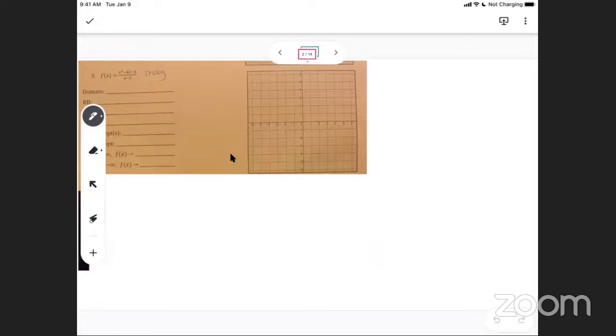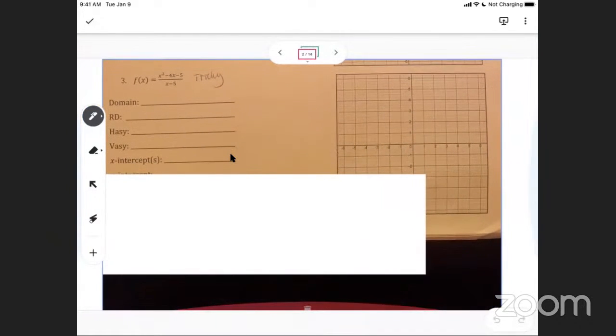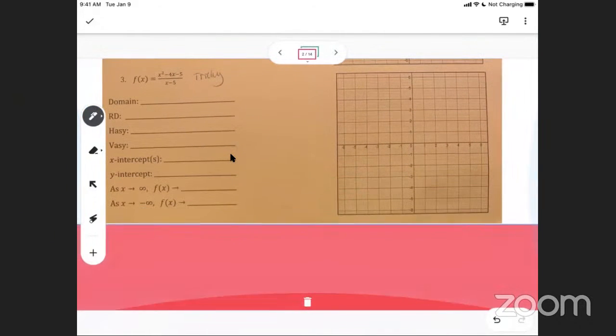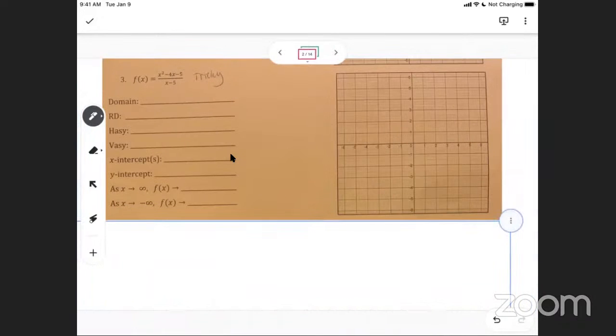So this says they basically want me to graph this entire thing. So in order to graph it, let me make this a little bit bigger. Okay. You see that okay? Yeah. All right. So the first thing to do, it says tricky.